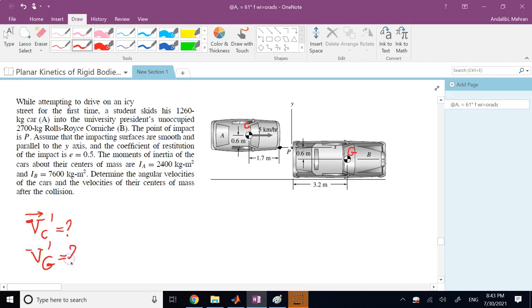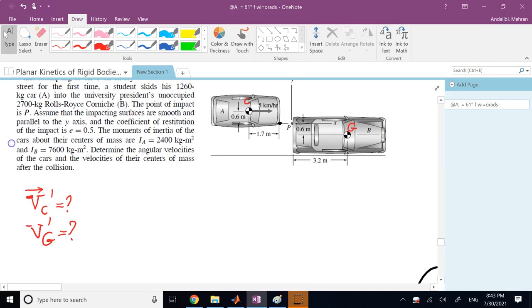If you remember, I told you in previous videos that prime means, in my notation, after impact, and without prime means before impact.